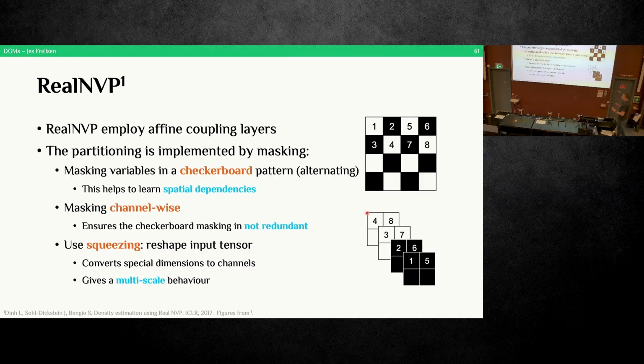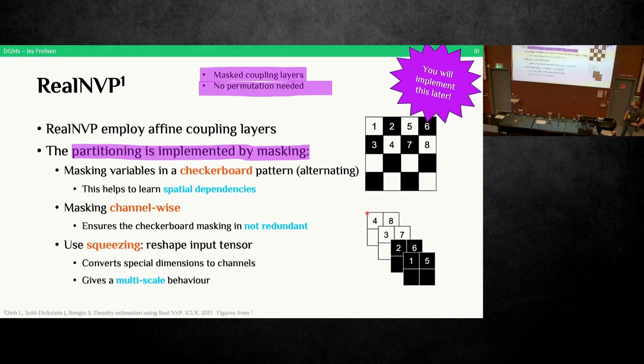So they do a lot of tricks, but the idea is that they only use coupling layers. Instead of using permutations, they just mask some of the variables, and then only feed those masked variables into the scale and translation network, and then apply it to the masked variables. There's more details about it in the notebook that you're going to do for the last part of this lecture.